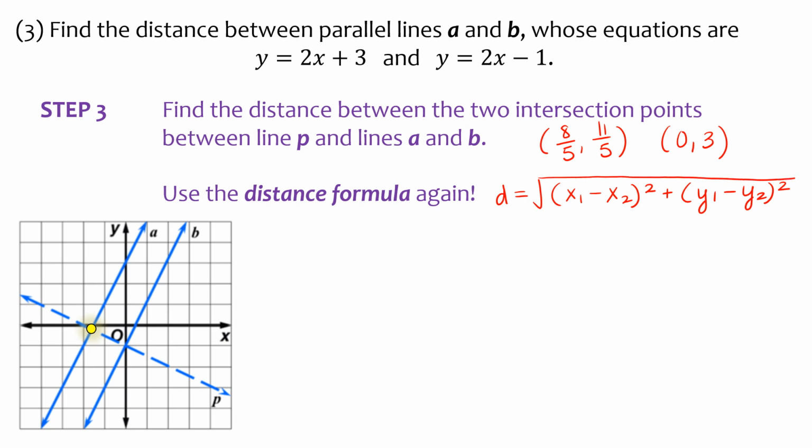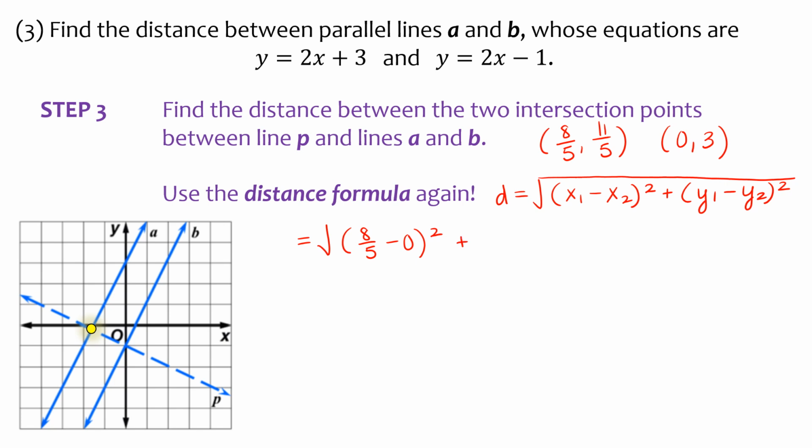So if you prefer working with it like this, great. If you prefer the Pythagorean theorem, also great. Either works for me. So I'll go ahead and stick with the formula since that's what I have going. Okay, now we have fractions. Let's take our x-coordinate of 8 fifths first. Now we're only subtracting 0, so that's kind of nice, but we are going to have to square that.